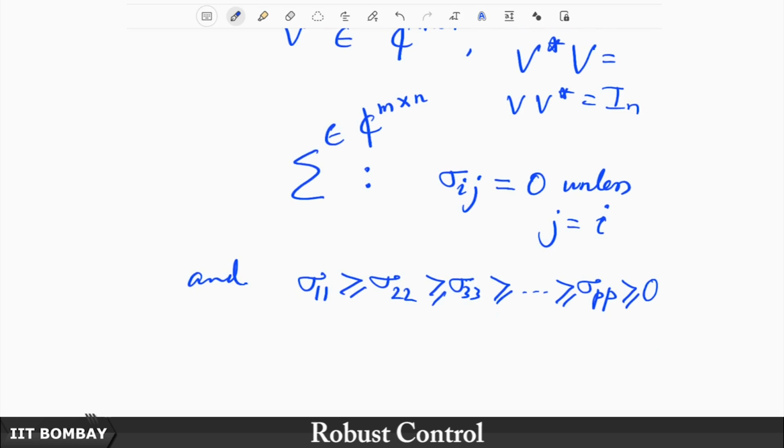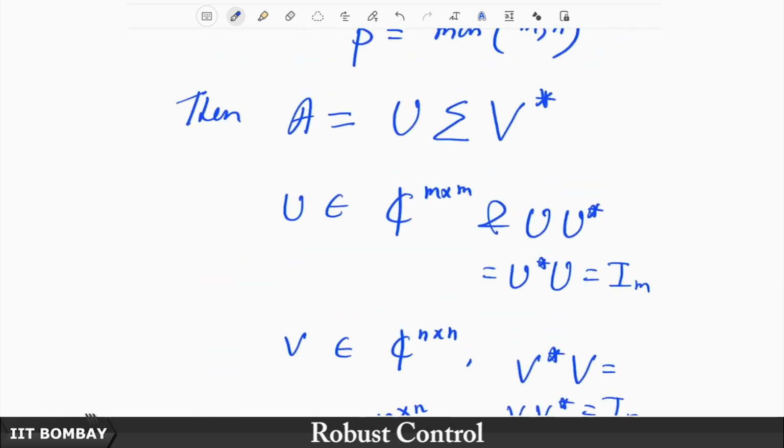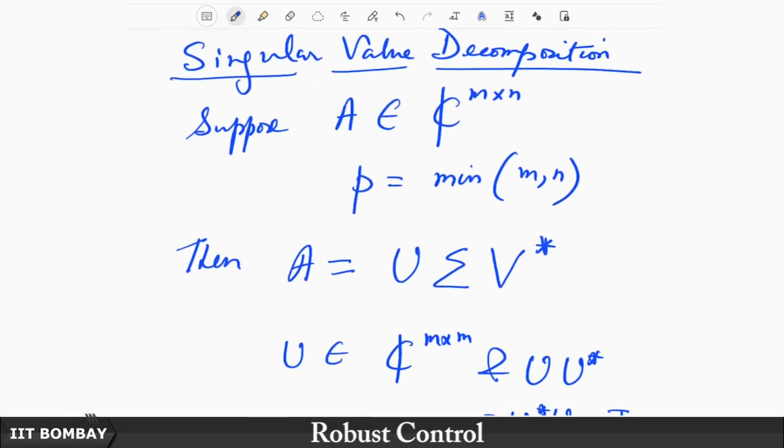So, there are some very nice and important consequences of this. Of course, for square Hermitian matrices, you have already seen what the singular value decomposition looks like, where you have U equal to V. We have written it as X Hermitian lambda X. So, let X Hermitian be equal to U, and then V Hermitian is going to be equal to X, and Sigma is then replaced by lambda.